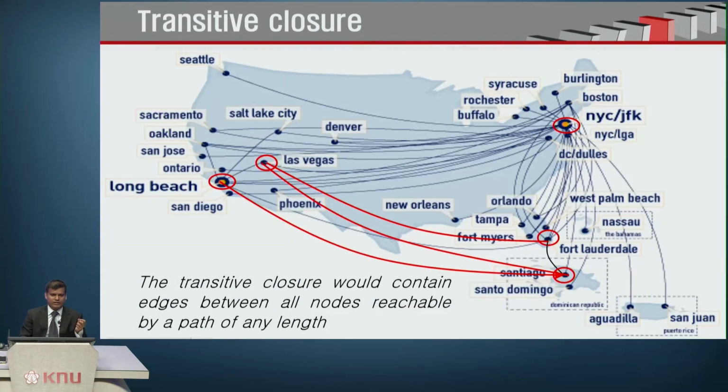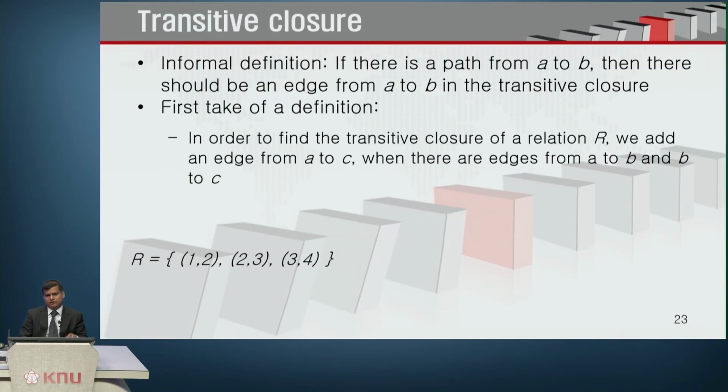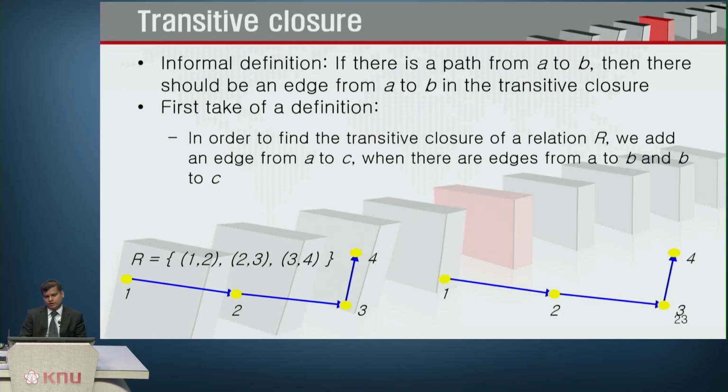We already have an edge from Long Beach to San Diego and San Diego to Las Vegas. If you want to establish a transitive closure, you can add an edge to provide this transitive property. Say R is {1, 2}, {2, 3}, and {3, 4}. So you have 1 is related to 2, 2 is related to 3, 3 is related to 4.